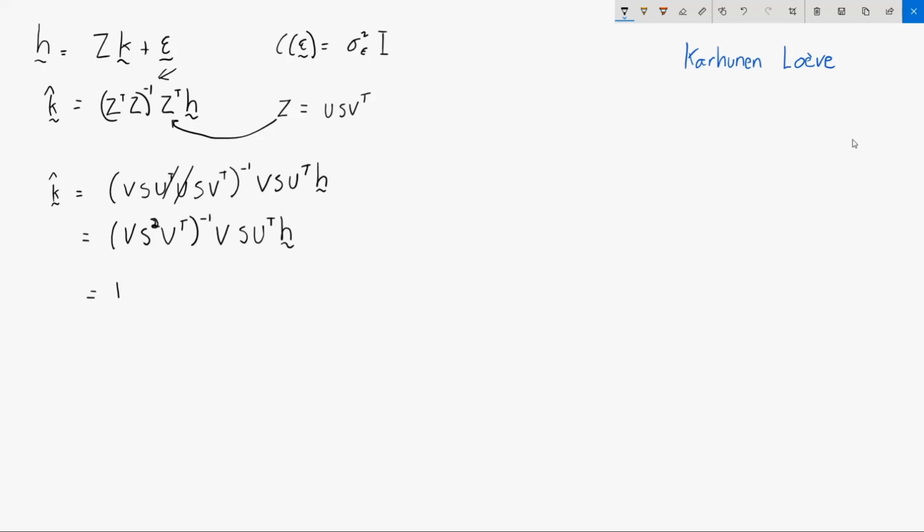This becomes V S to the minus 2 V transpose V S U transpose h, crosses out, equals V S to the minus 1 U transpose h, and I obtain the same equation that I obtained by direct application of singular value decomposition.